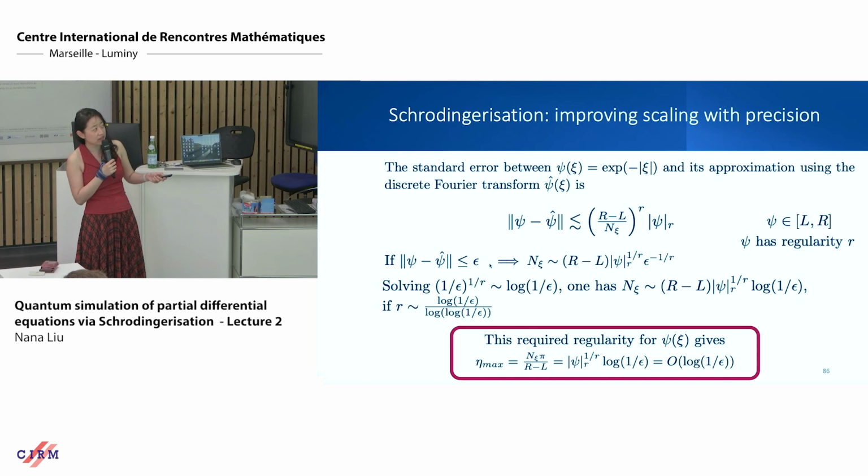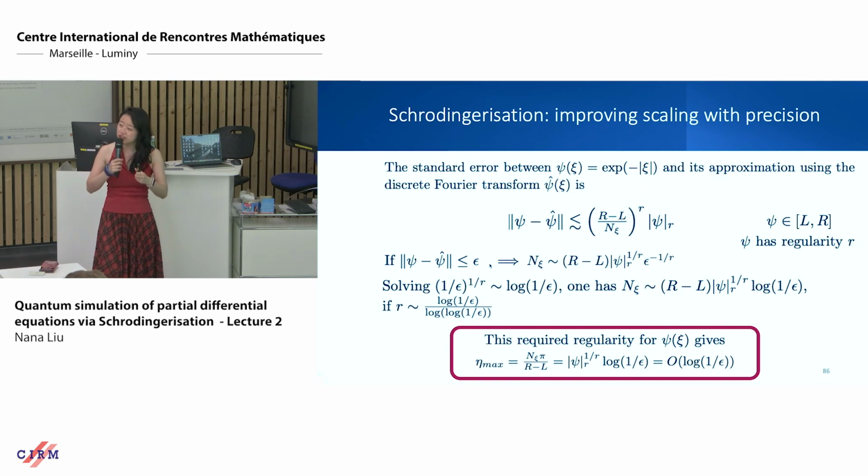Now, if we want the scaling to go as log 1 over epsilon instead of just 1 over epsilon, then this means our n has to be a function of log 1 over epsilon. And this means that R should scale like this in terms of 1 over epsilon.